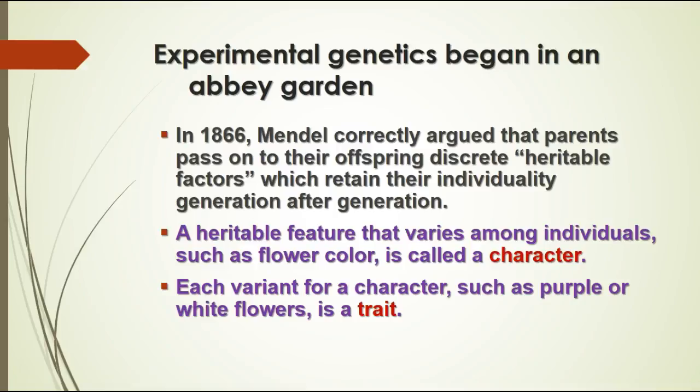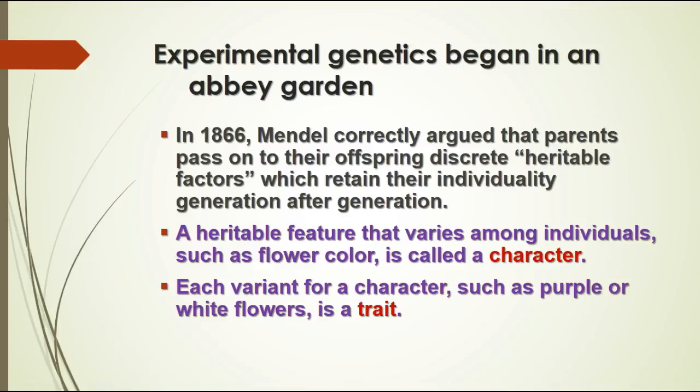Before Mendel's research, there was a lot of misunderstanding or lack of understanding about how heredity occurred. A lot of people thought that the inheritance of characteristics was going to be a blending of characteristics of the two parents.